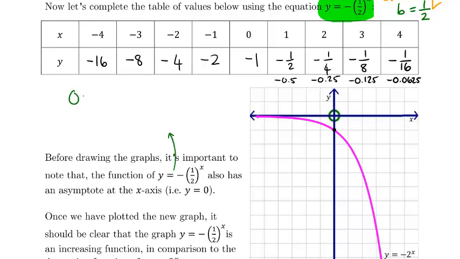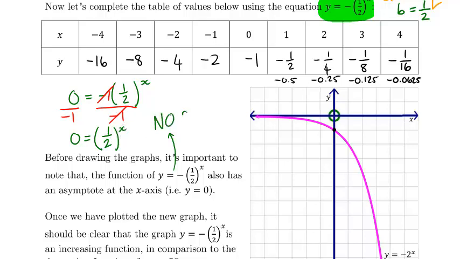If we let y equal 0, then we get 0 is equal to -1/2 to the power of x. If you want to, you can choose to divide both sides by -1 like this, because that's y over there. And thankfully, 0 divided by -1 is still just 0, and you end up with 0 is equal to 1/2 to the power of x, guys, which is a false statement.